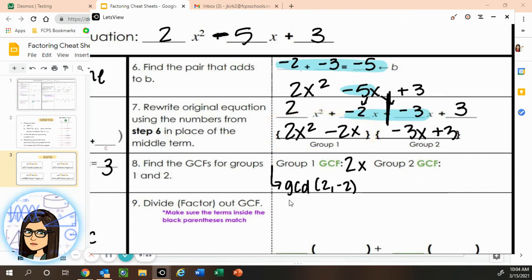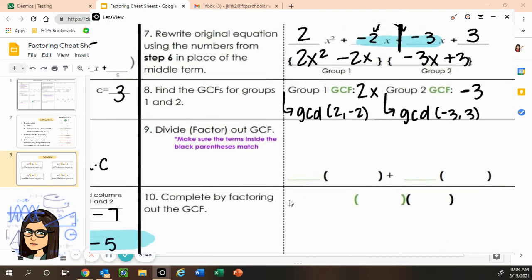Group 2, our GCF, again, if you don't see it right away, use your Desmos trick. It is there for you. And it's going to tell us 3. But remember, if that leading term is negative, you best make your GCF negative as well. Only if your leading term is negative.